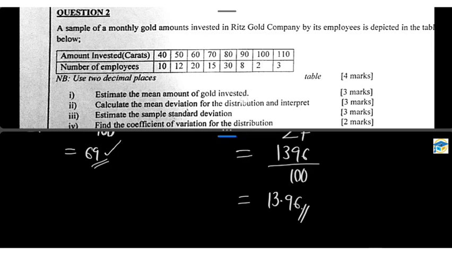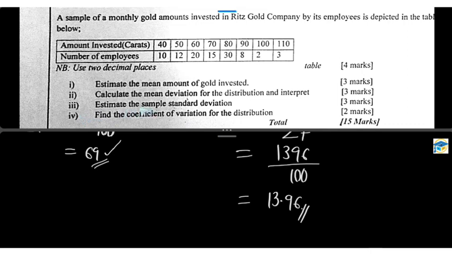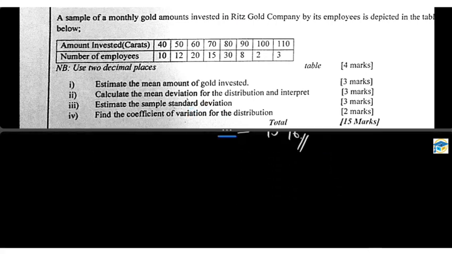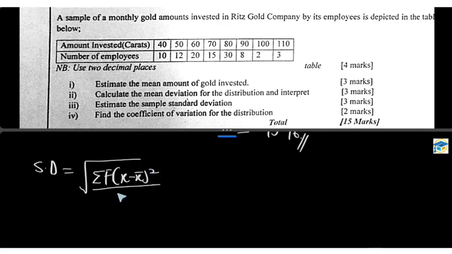And then the next requirement here is we are asked to estimate the sample standard deviation. And how do you estimate the sample standard deviation? We know that the sample standard deviation s is going to give us the square root of our summation f, right, multiplying x minus x bar all squared, and then divided by summation f minus 1.